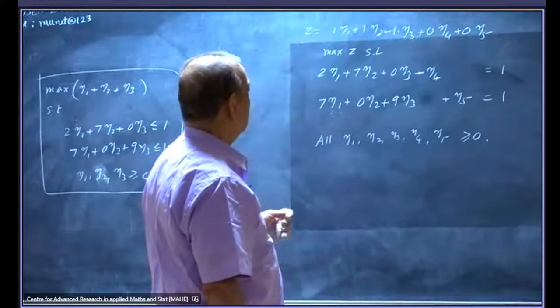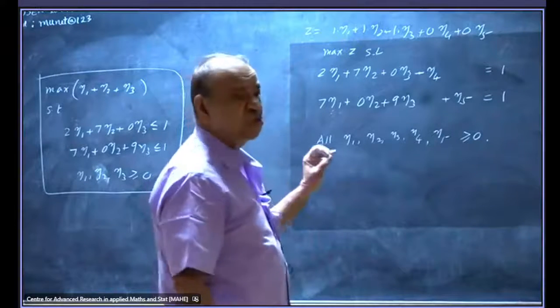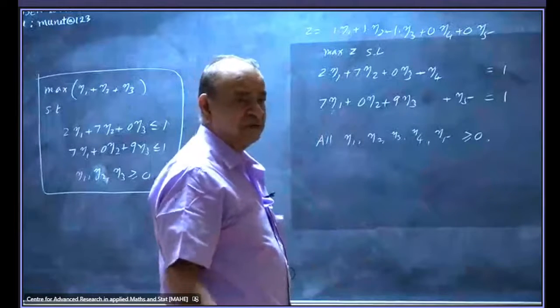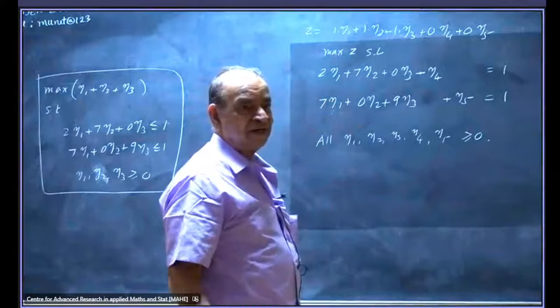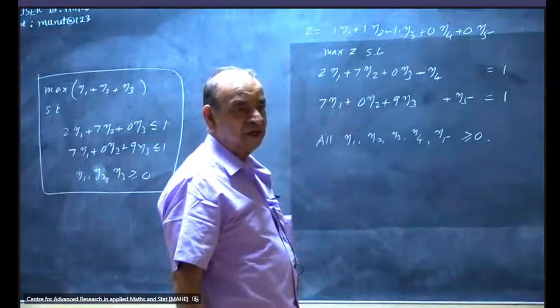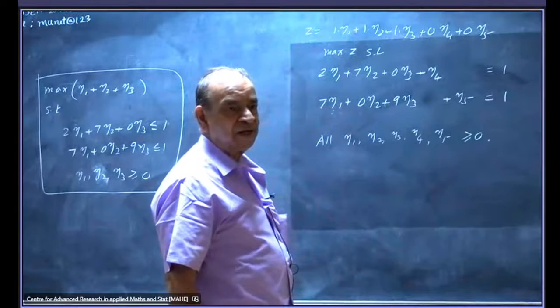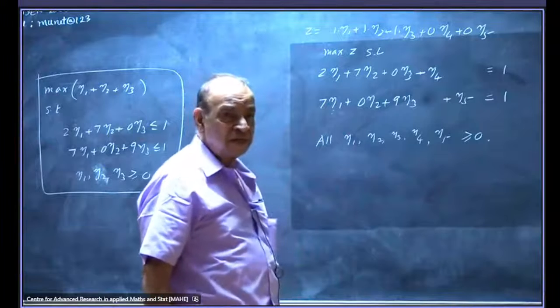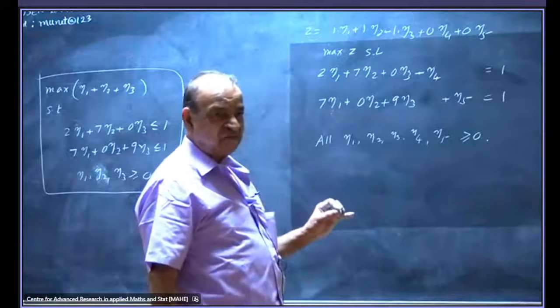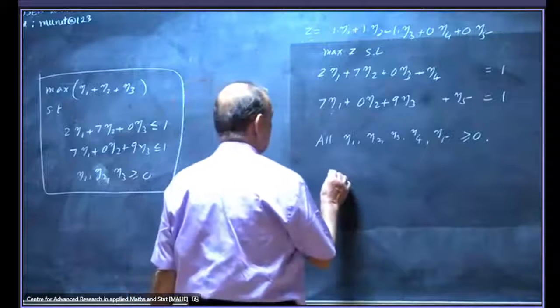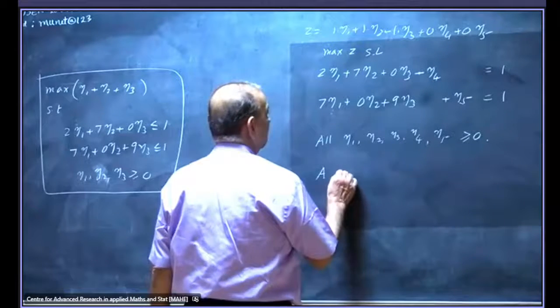Can you think of one solution, a clear solution? You can think of any solution which satisfies this. Can you think of a solution? Eta 4 is 1, eta 5 is 1. So here is the solution.